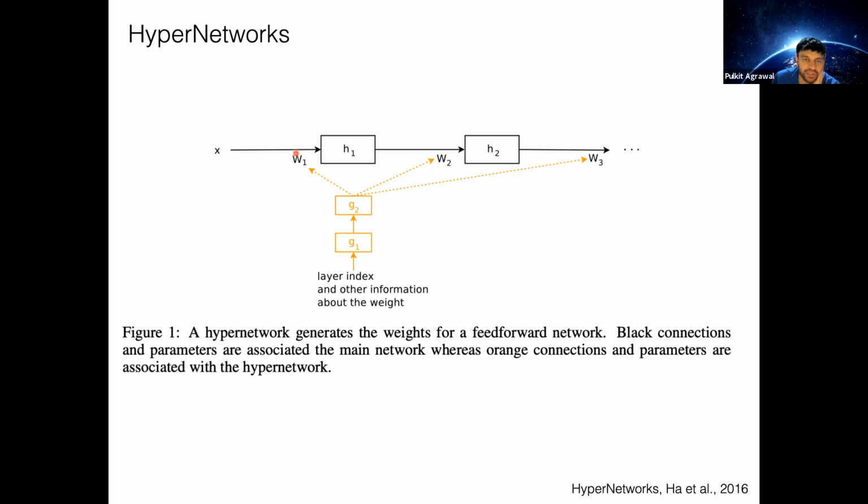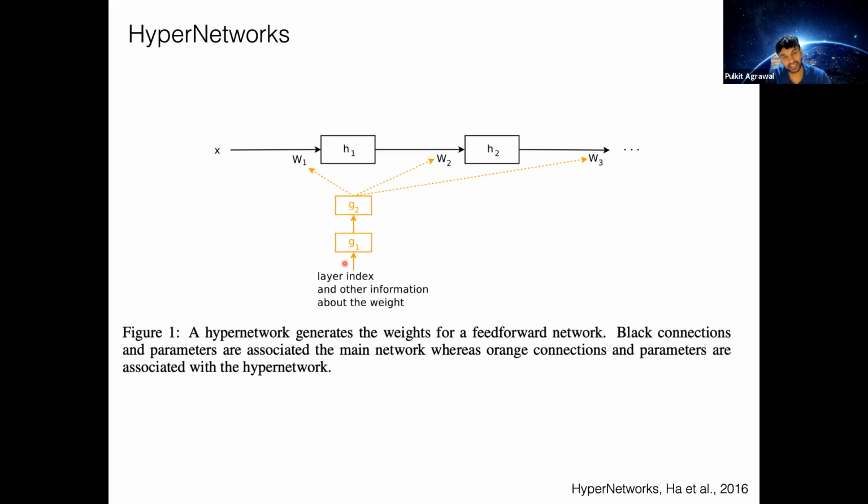Typically we assume weights are the parameters that we are optimizing. Now, instead of optimizing the weights, we can have a second network which predicts the weights of the first network. These kinds of networks are called hypernetworks.